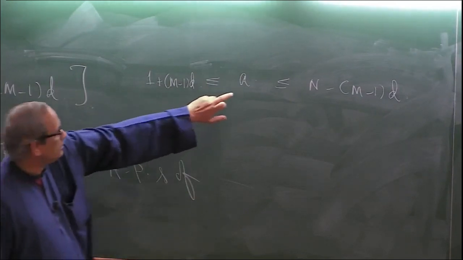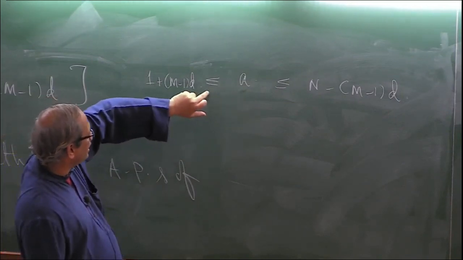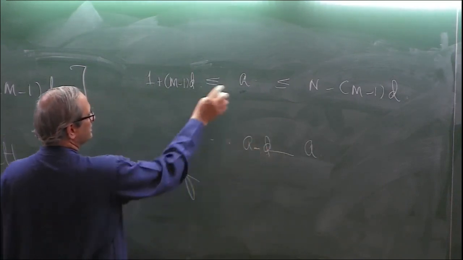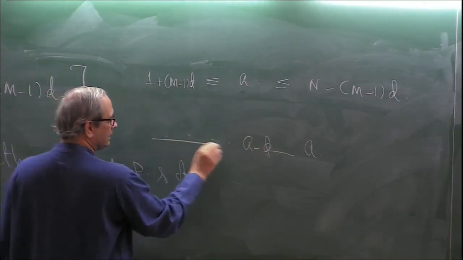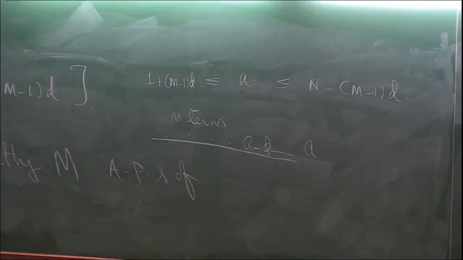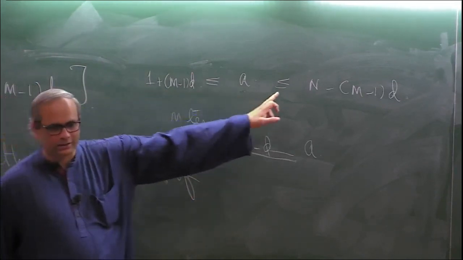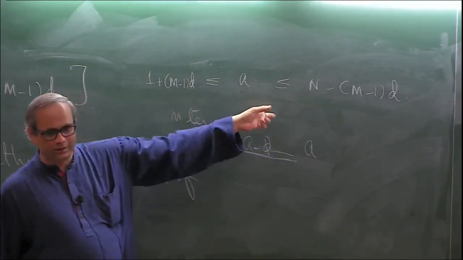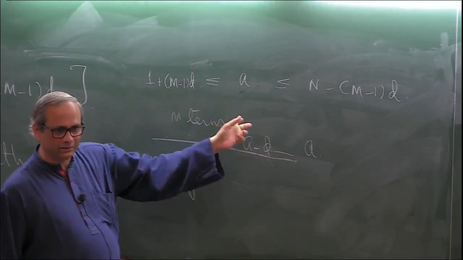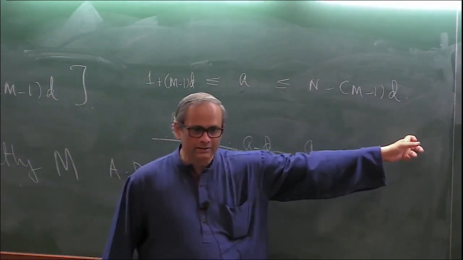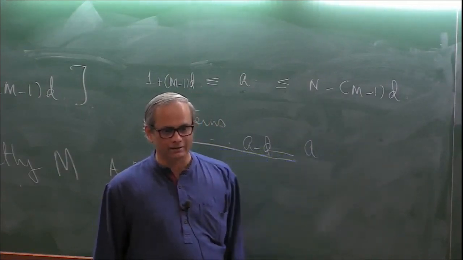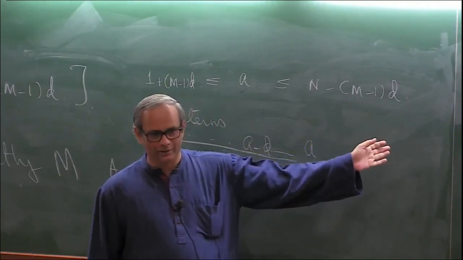Now you take any A here, you can start back and go by steps of length D backwards, and since A is bigger than this, you will still hit an M-term AP and not leave the interval 1 to N, because 1 plus (M minus 1)D is less than A. So you can go back M terms and still remain within the interval 1 to N. You can go upwards M terms and still remain within the interval 1 to N because A is less than N minus (M minus 1)D.